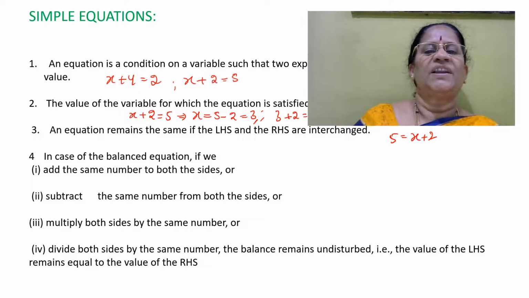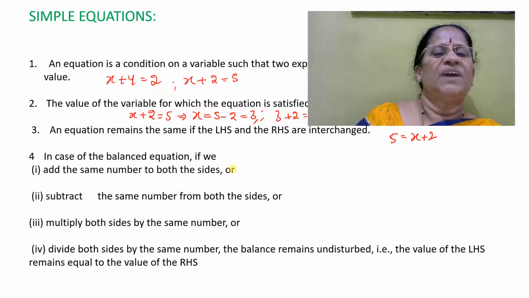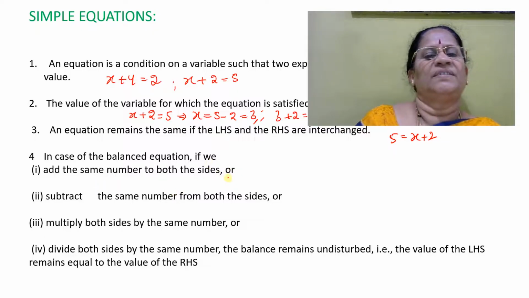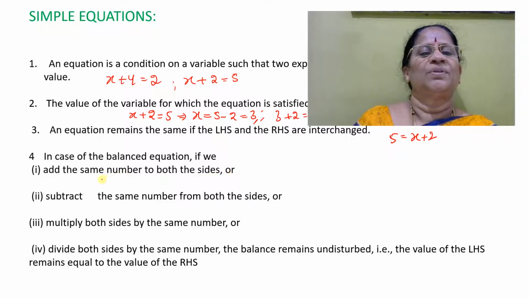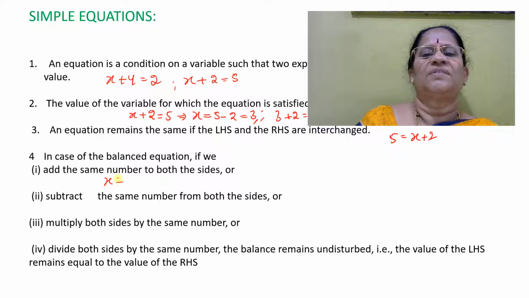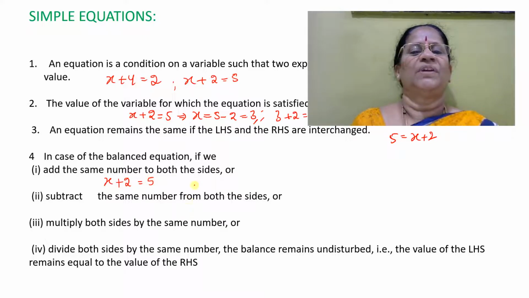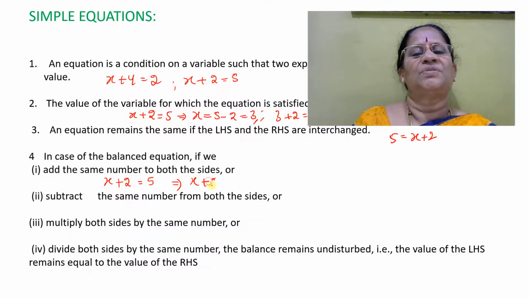In case of a balanced equation, if we add the same number to both the sides, then LHS remains equal to RHS. Suppose we have x plus 2 is equal to 5.